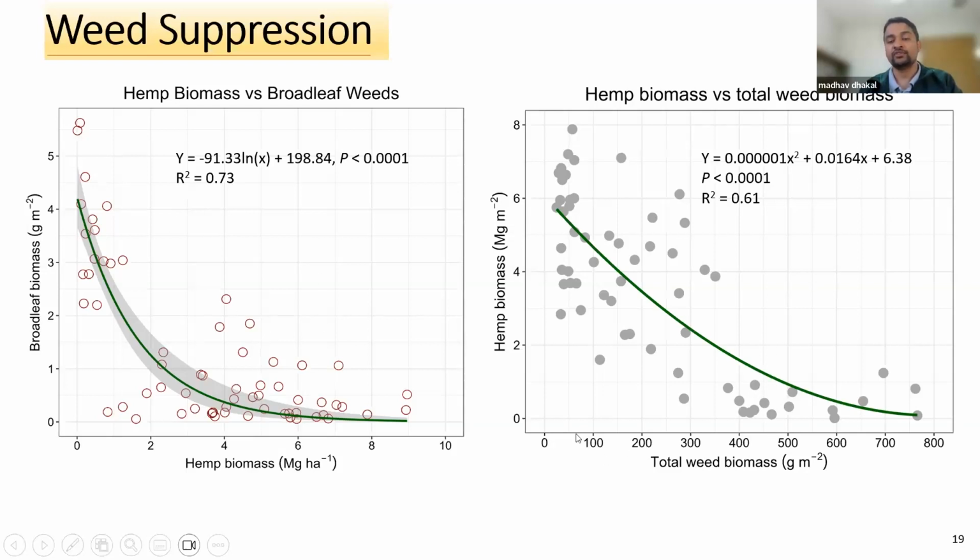For the no-till system, the high weed biomass actually reduced the hemp emergence and also the hemp biomass. The hemp biomass was severely reduced by the weed biomass. So it's a two-way relationship between how the weeds respond to the hemp biomass or hemp stand density, and how the weeds, if they are dominant, can impact your overall hemp biomass production.